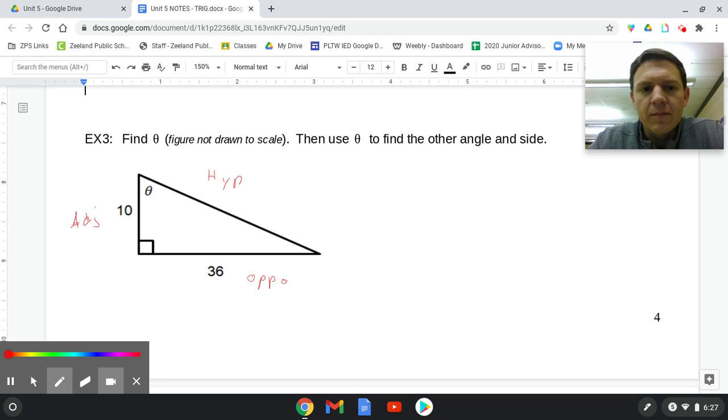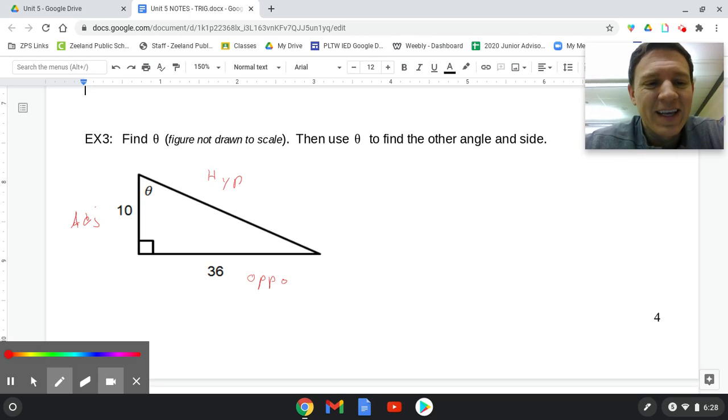Find theta, and then use theta to find the other missing angle inside. First of all, I labeled it, because once you know what your theta is, it's always good to label the sides. The opposite side of theta is 36 and the adjacent side is 10. We don't have the hypotenuse.